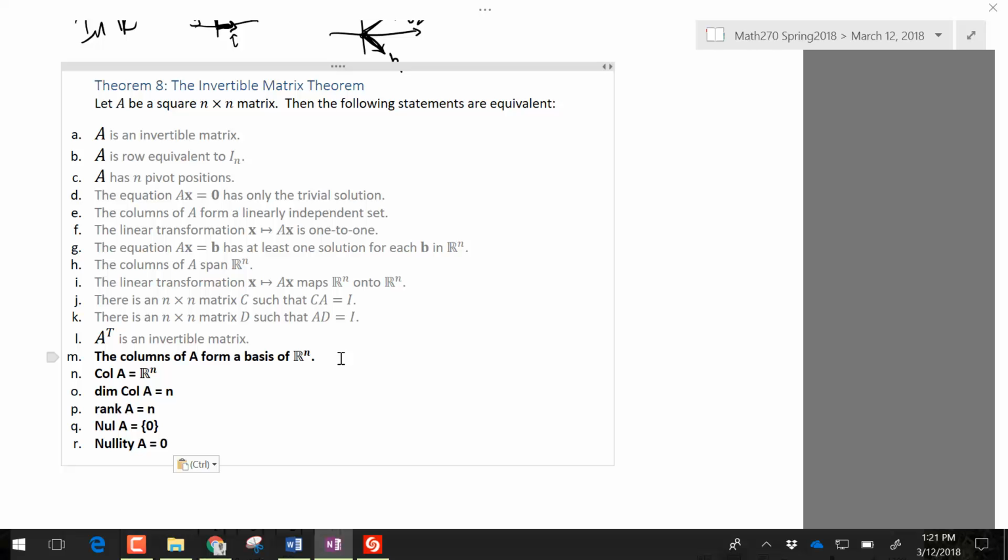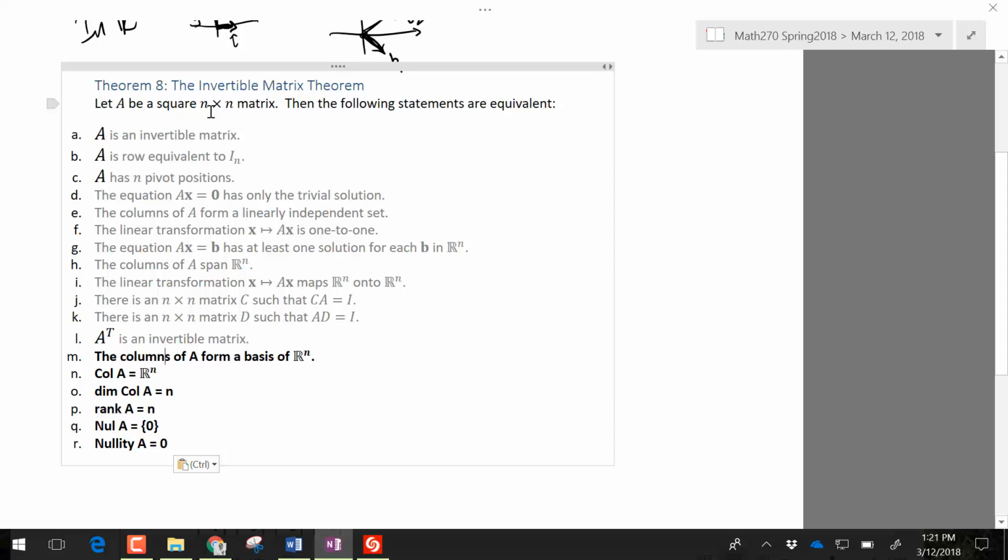Now that we've talked about column space, row space, and null space, we can also include columns. Whenever we see column here, we can also say row space. So the columns of A form a basis for Rn. We have to start off saying this is an n by n matrix, because for it to be invertible, it has to be a square matrix, right?